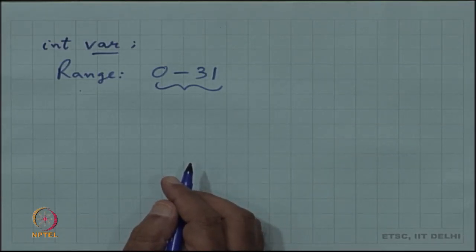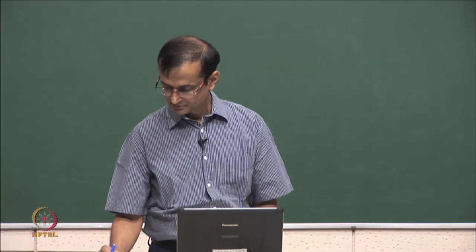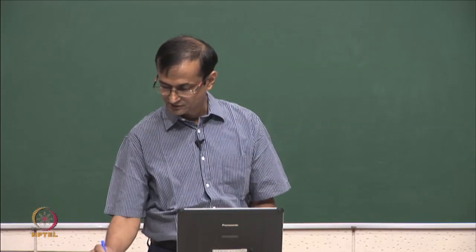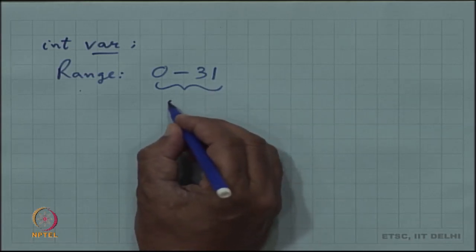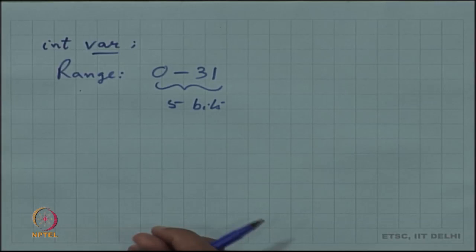Why? For using less memory. Where is the memory being inferred from this? Yes, that integer needs to be stored somewhere, and if I have this valuable information that the range is 0 to 31, this means that 5 bits are sufficient for storing that integer.